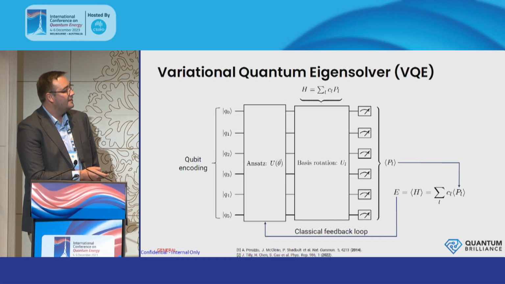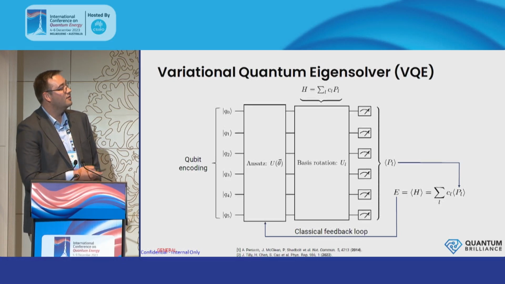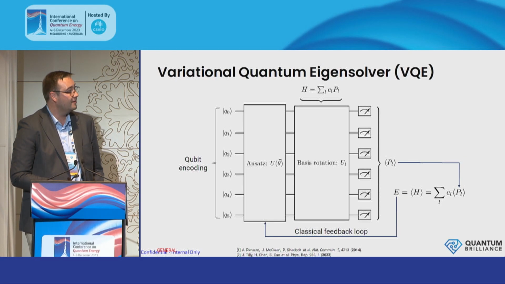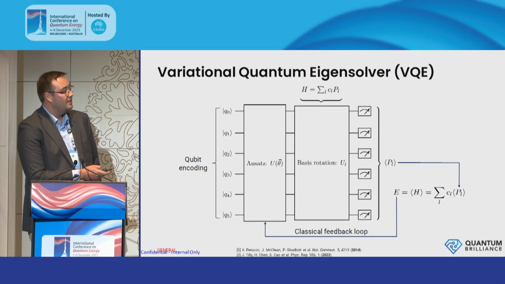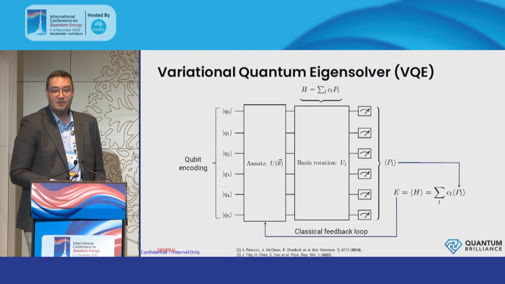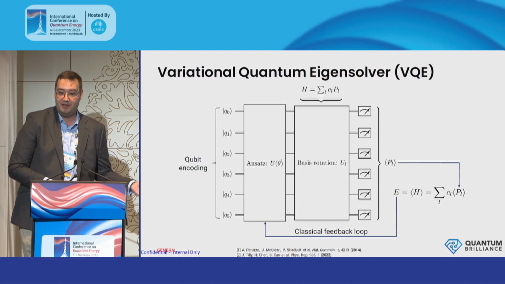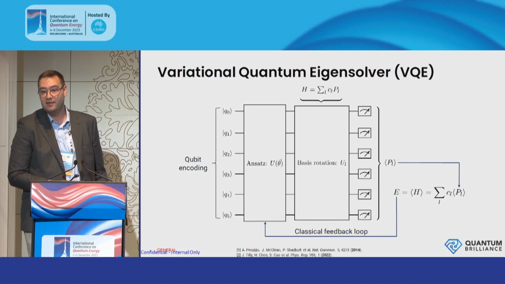Then you apply these basis rotations UL, which come from the Hamiltonian itself. You decompose your Hamiltonian into Pauli tensor products, rotate to the individual bases of these Pauli terms, and then measure the expectation value of them in the computational basis, right?